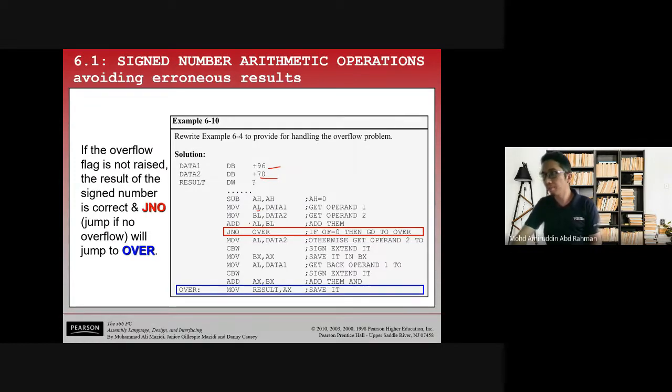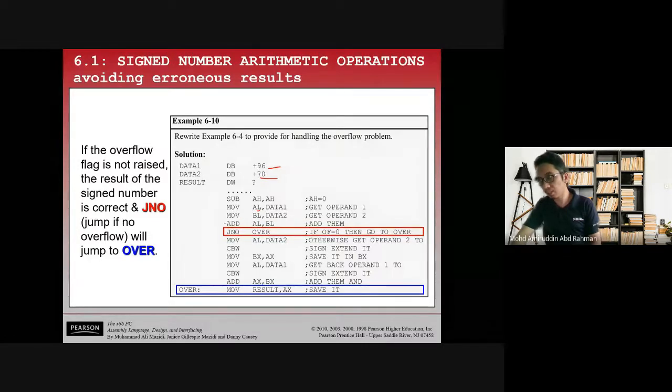Then you use the jump instruction JNO, which is jump if no overflow. If there is no overflow, meaning that the result is correct, then it will jump to over, which means you just save it.